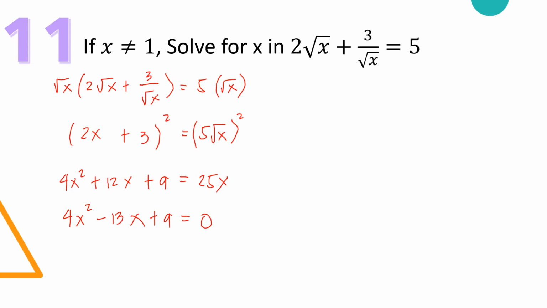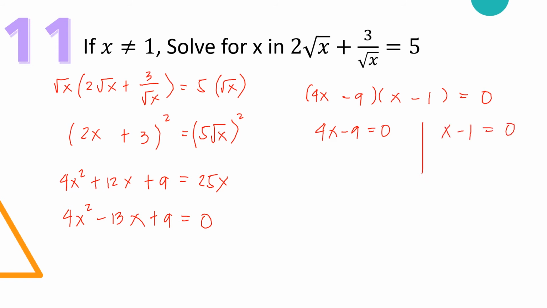Then we can solve for x by factoring the quadratic trinomial. We have 4x minus 9 times x minus 1 equals 0. Equating both factors to 0, we have 4x minus 9 equals 0 and x minus 1 equals 0.